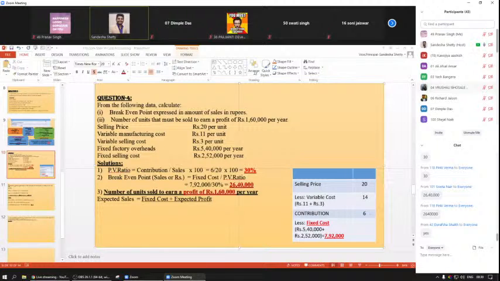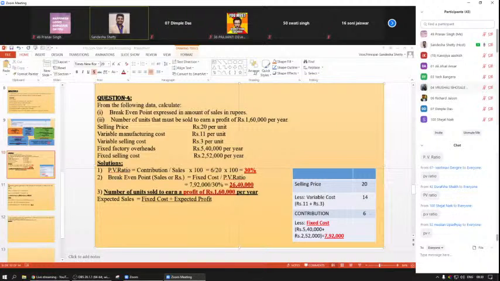Now, can anybody tell me what is the next part of the formula? Expected sales is equal to fixed cost plus expected profit divided by what?